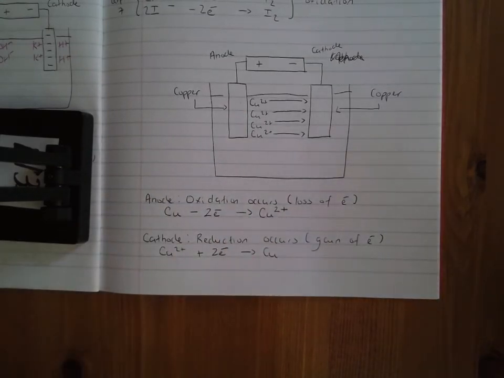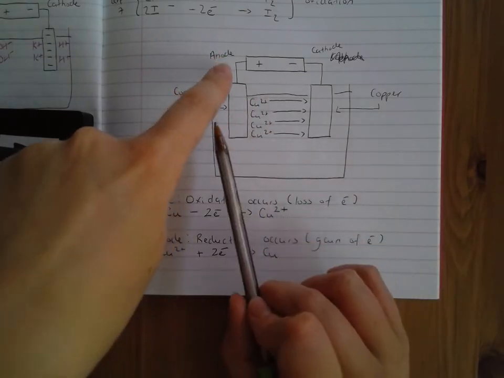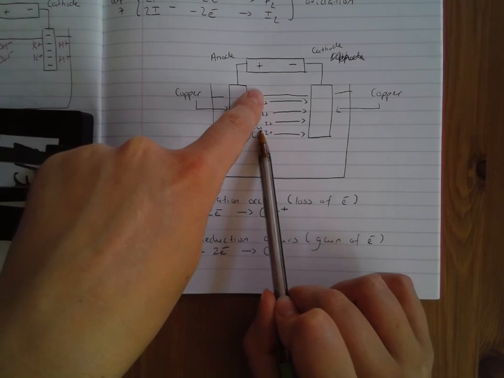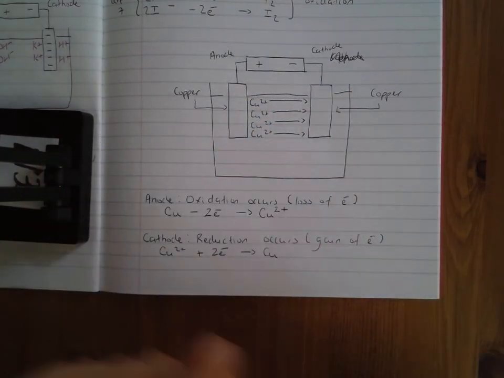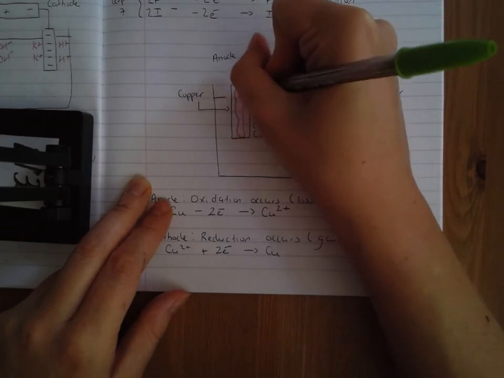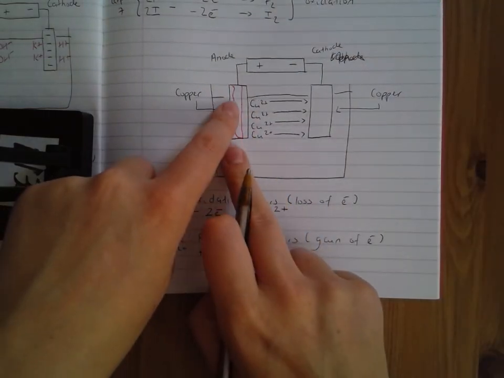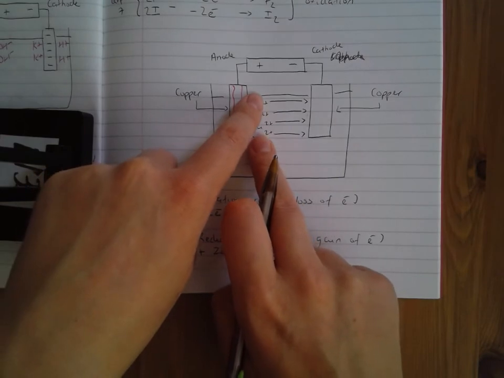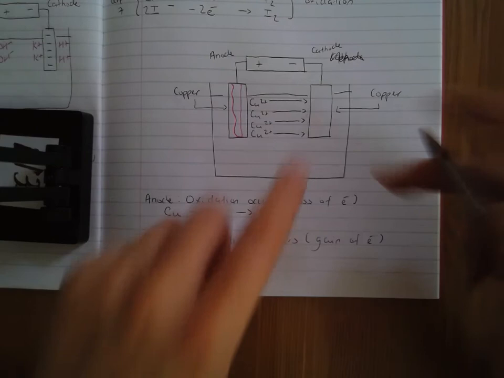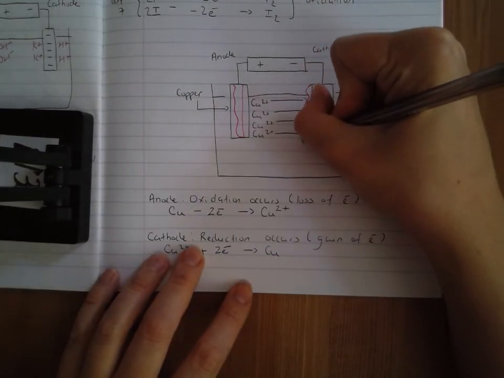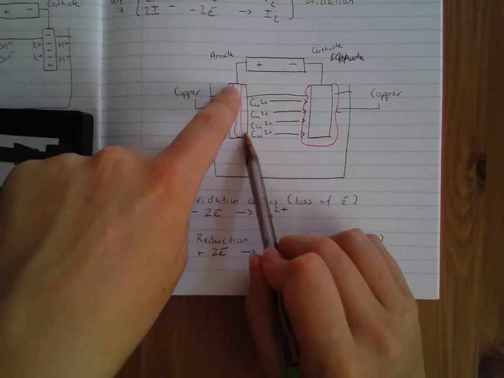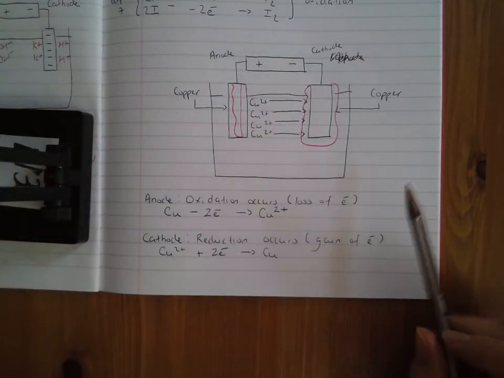What would you actually see in this reaction? Well, the copper at the anode is becoming Cu2+ and moving to the cathode. And that means over the course of the experiment, your anode is going to become smaller because all of the copper is being converted to Cu2+ and then it's moving across. At the cathode, you are going to see it get bigger because all of the copper that started in the anode is now moving over to the cathode.